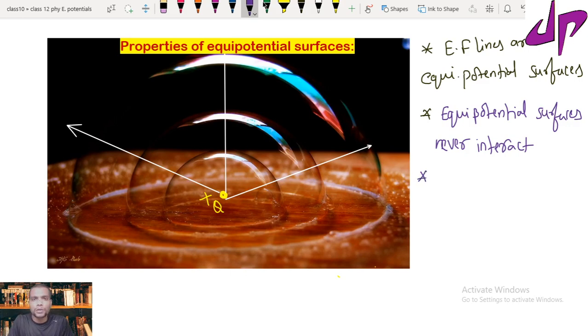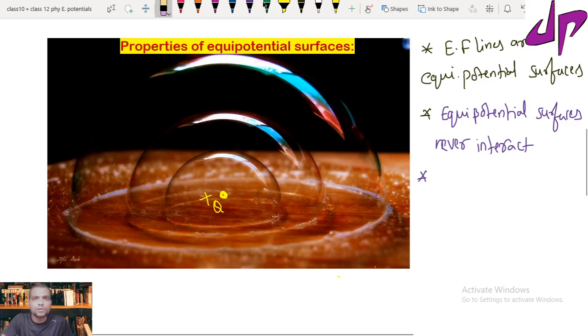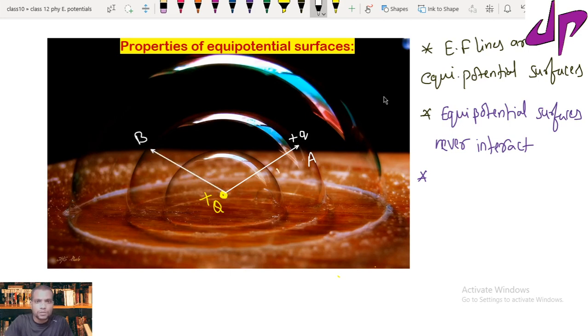And the third and very important point: the work done in moving a test charge over the equipotential surface is equal to 0. Suppose I take a small test charge at point A, and I want to move the test charge from A to location B, which is at the same distance, so they both have equal distance.